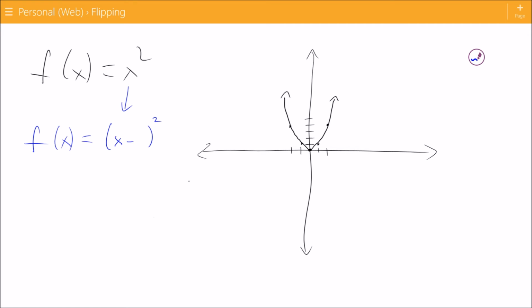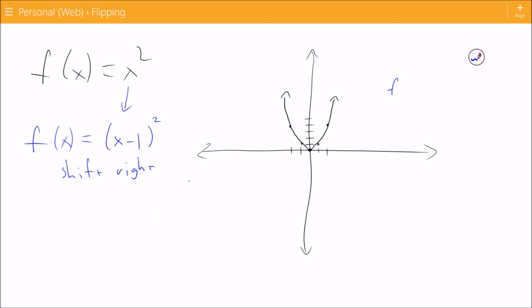Inside here, I'm going to change to x minus 1 squared. This looks weird. This will, though, shift it to the right, and I know that's counterintuitive. You're thinking, if this is negative, why wouldn't it be to the left? Let me show you through some testing of some points.